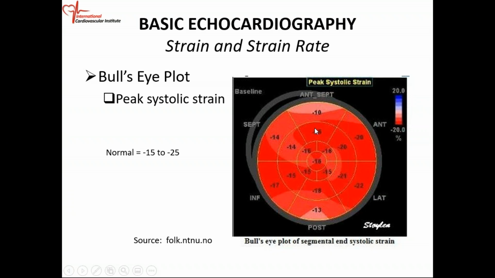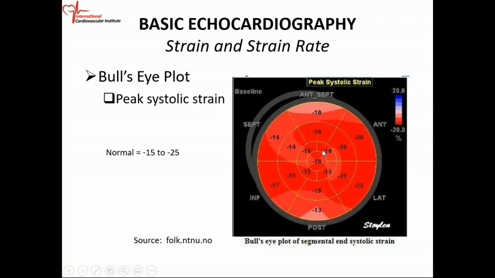All right, so let's analyze and see what's happening here. So we have the apex. You can see this is minus 16. So it's a little bit abnormal. We said the normal strain is minus 18 to minus 24. This area is pink.